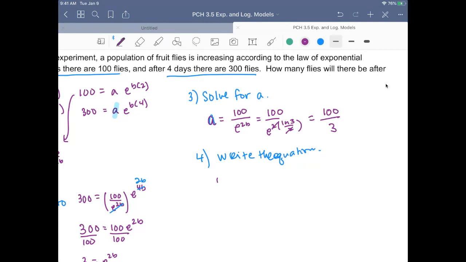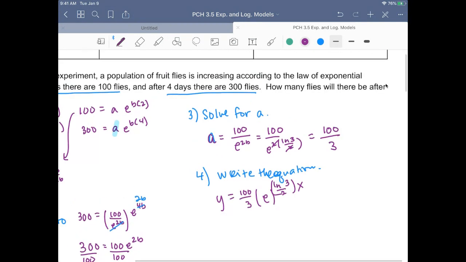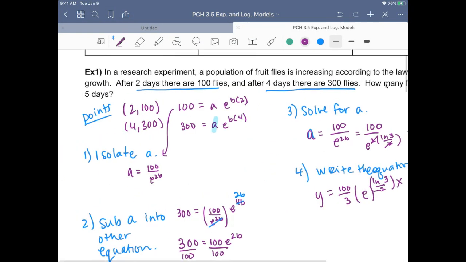So y is equal to 100 over 3 times e to the ln of 3 over 2 times x. And then the last thing, I think it asked me for how many fruit flies there are on day 5.